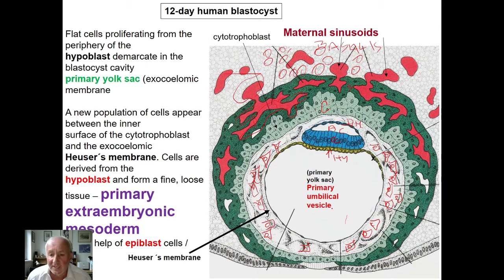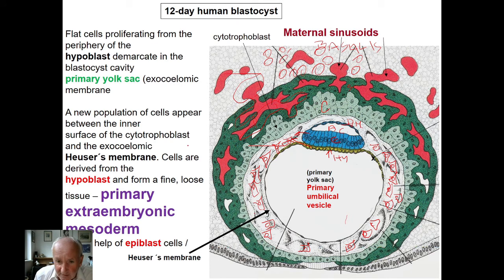Today we know that those cells, the primary extraembryonic mesoderm, originate from hypoblast and later from epiblast. These two types of cells give origin to primary extraembryonic mesoderm.